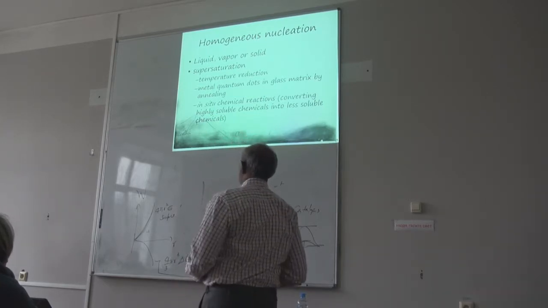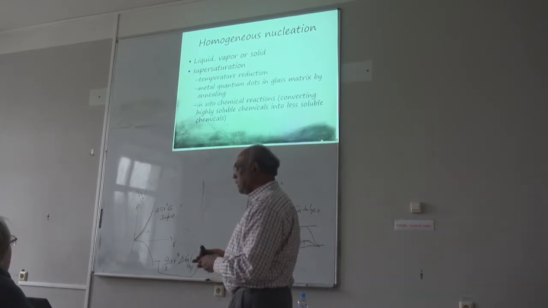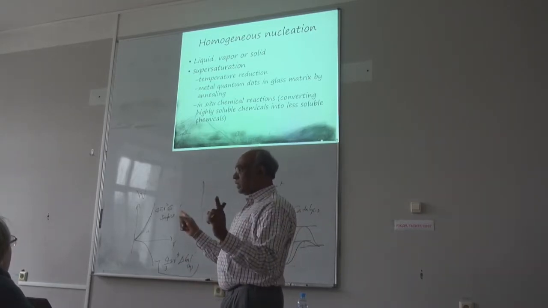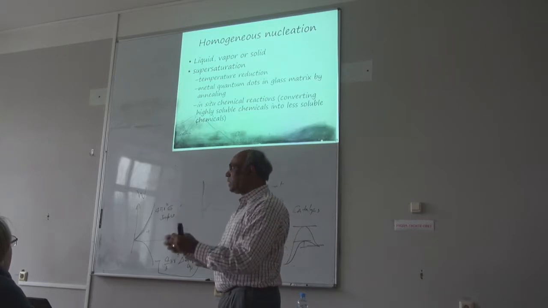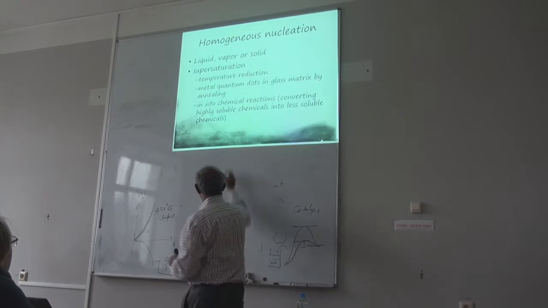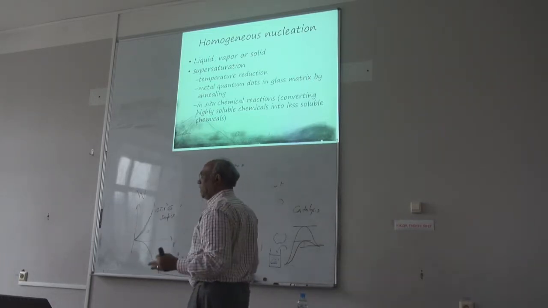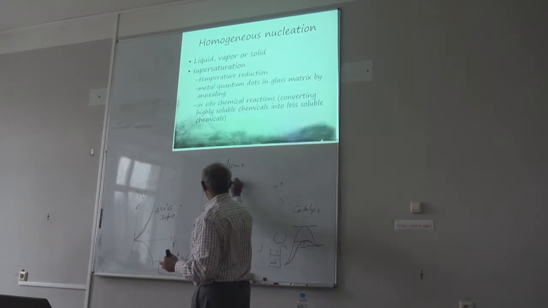So then, this nucleation, there are two types of nucleation. We can talk about homogeneous and heterogeneous. Homogeneous means on the same phase. If you have a solid, it's all solid.